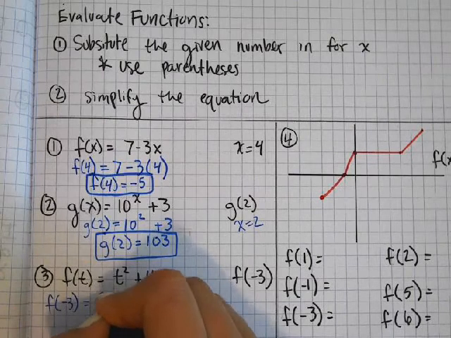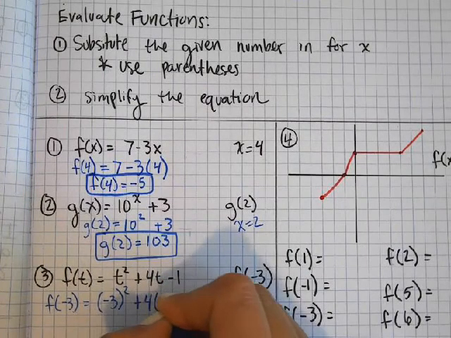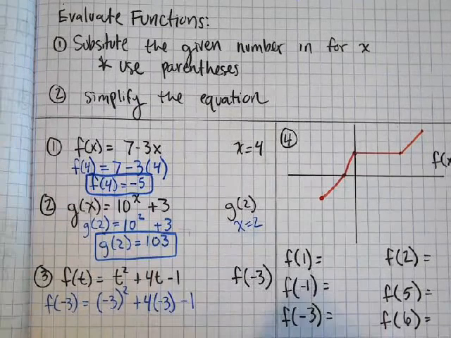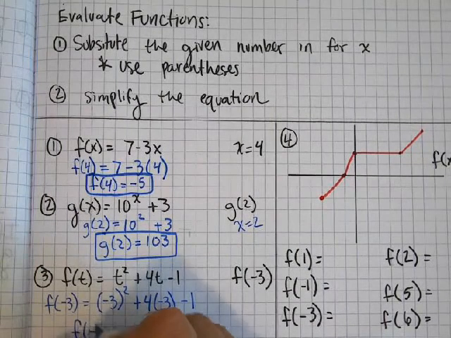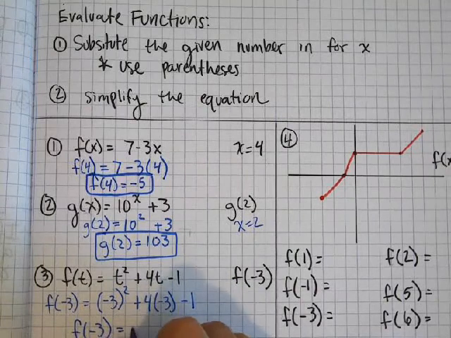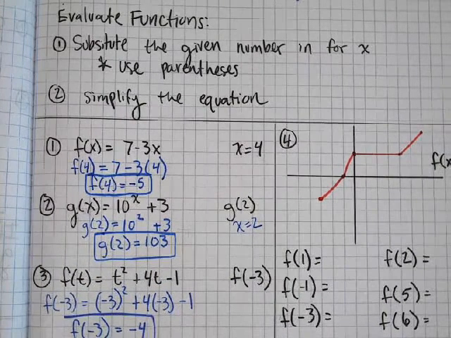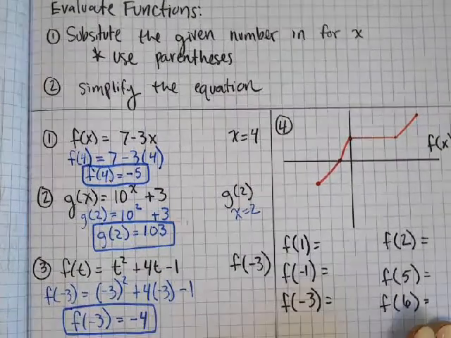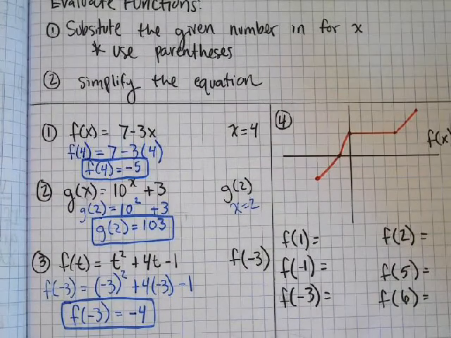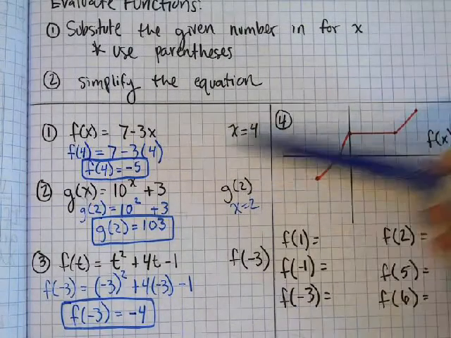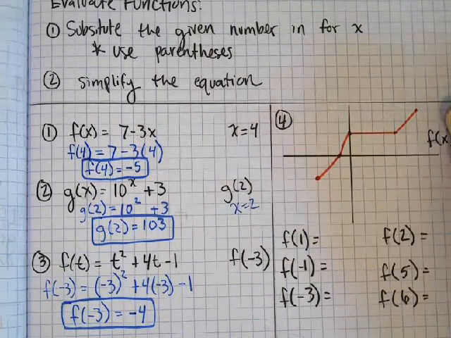So f of negative 3, when you type this into your calculator, make sure you put those parentheses. f of negative 3 is negative 4. So that's how we evaluate these functions whenever we are given numbers and equations.